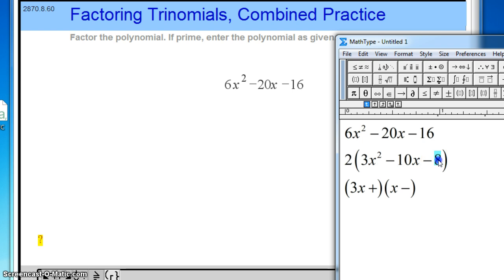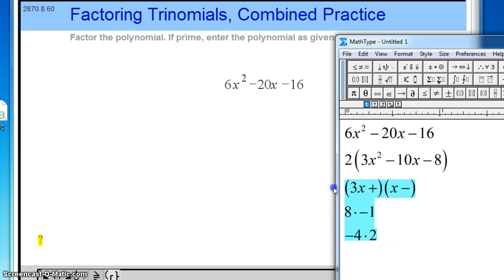And finally, we know that the last term has to be the product of the two last terms. So the only way to get 8 is 8 times 1 or 4 times 2. But again, because of the negatives, we don't know whether this is -4 or -8 or -1, right?